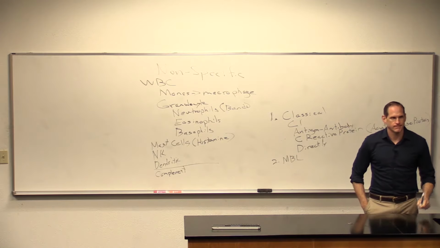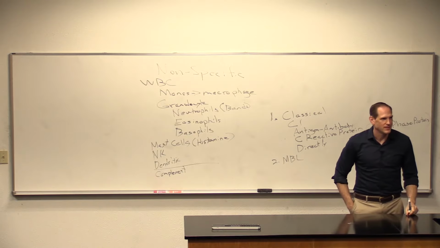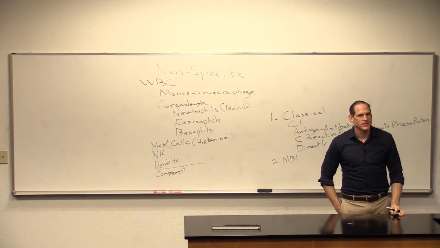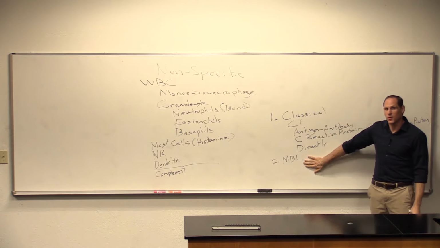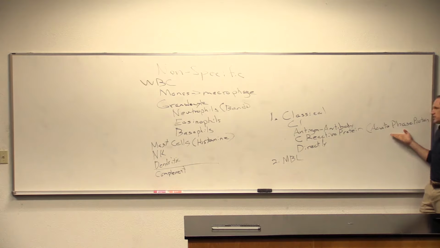Non-specific. Yes. So when there's a non-specific... you don't have to say that word. It's inflammation. So anytime there's inflammation, your body will produce mannose-binding lectin. What kind of protein does that make mannose-binding lectin? An acute phase protein.